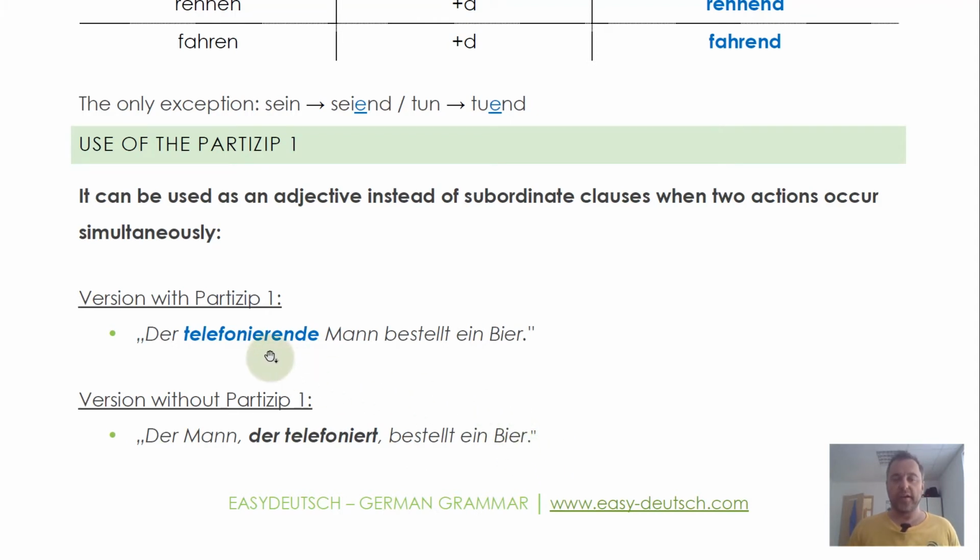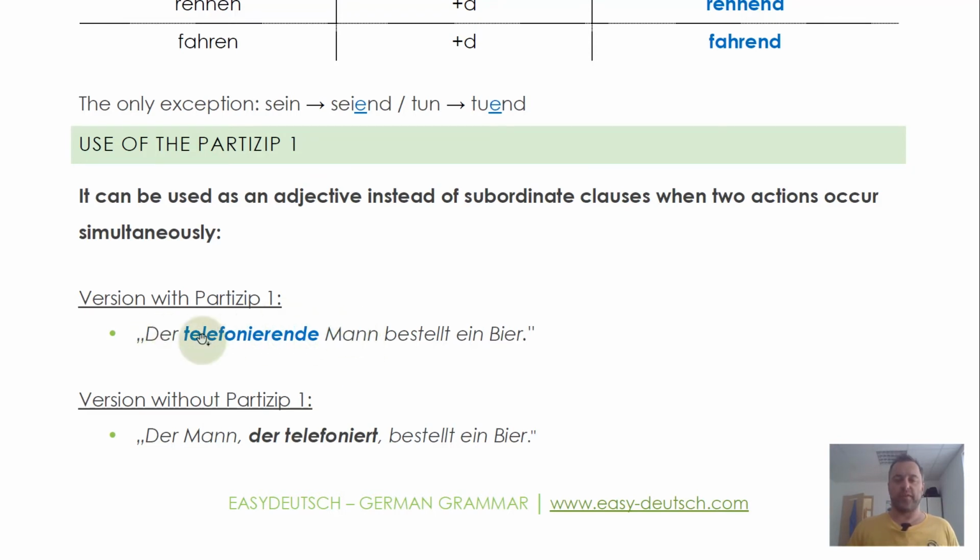So here he is on the phone and at the same time he's ordering a beer. Both actions happen simultaneously. It's the exact same use like in English, but usually in English you probably prefer to use this version, while in German we use this because here you see no comma, no case. It's just the same here.